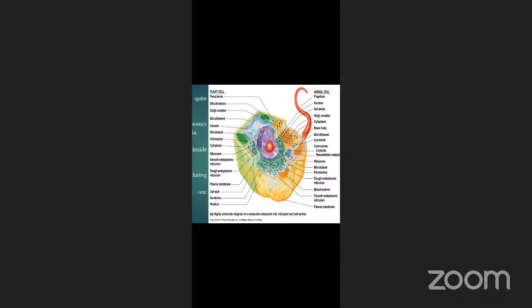Some components like chloroplast are present only in plants. Whereas in the animal cell, we observe flagellum, nucleus, nucleolus, Golgi complex, cytoplasm, basal body, microfilament, lysosomes, okay? Then centrosome, centrioles, pericentriolar material, ribosomes, microtubules, peroxisomes, rough and smooth endoplasmic reticulum, mitochondria, and plasma membrane. So mostly they are similar, one or two components are different.